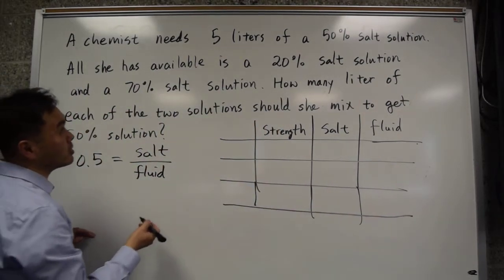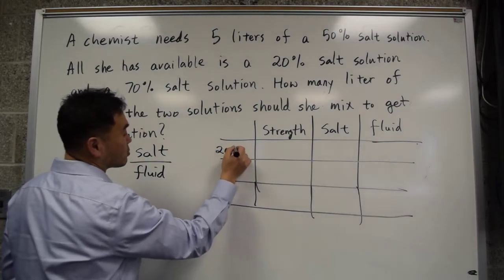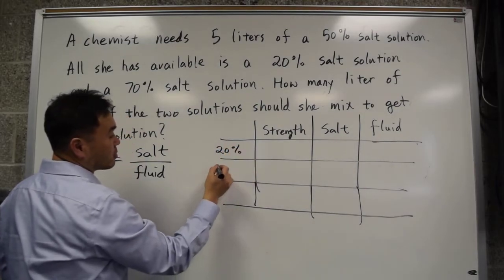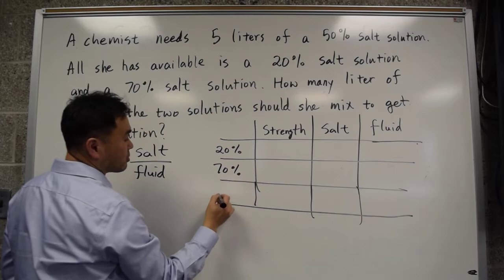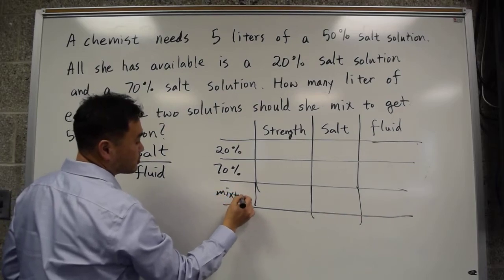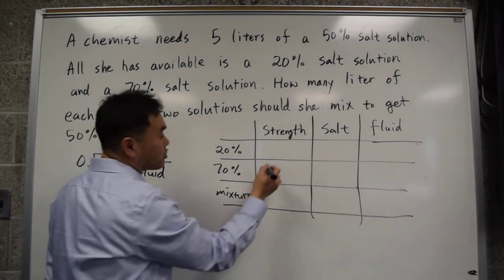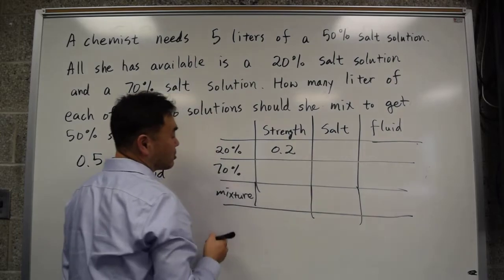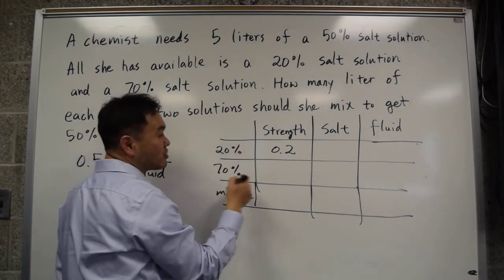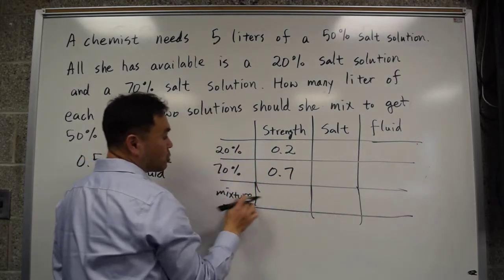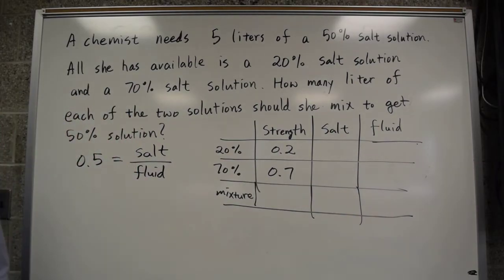Okay, so there's the 20% salt solution, and there's the 70% salt solution, and there's the mixture. That's how you write the table. The 20%, of course, has a strength of 0.2, because 20% is 0.2. 70% is 0.7. What's the desired strength of the mixture? 50%, so it's 0.5.